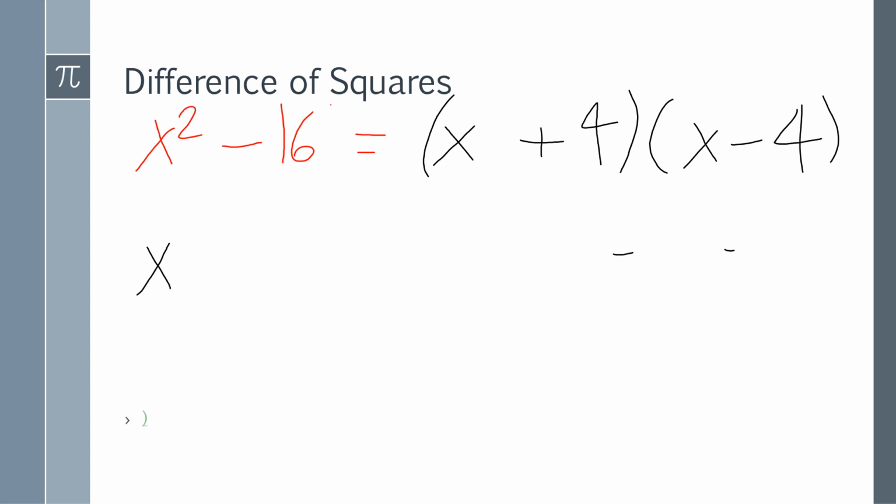So eventually, that's how you have to really do it. And we're going to do more of that in the classroom. So I'm going to go ahead and get rid of that extra x. Well, I could do another one. So what about x squared minus 81?